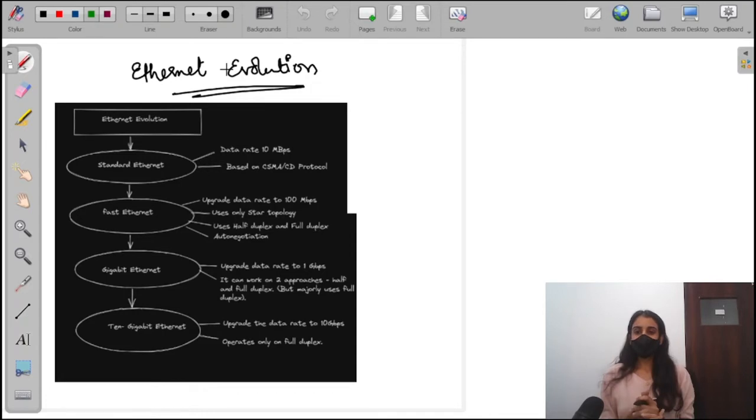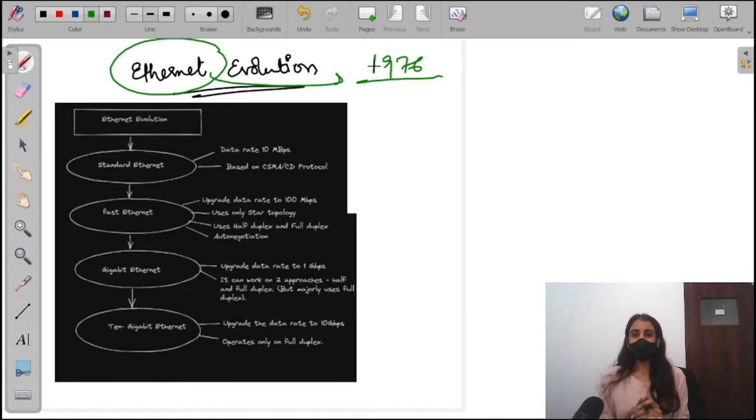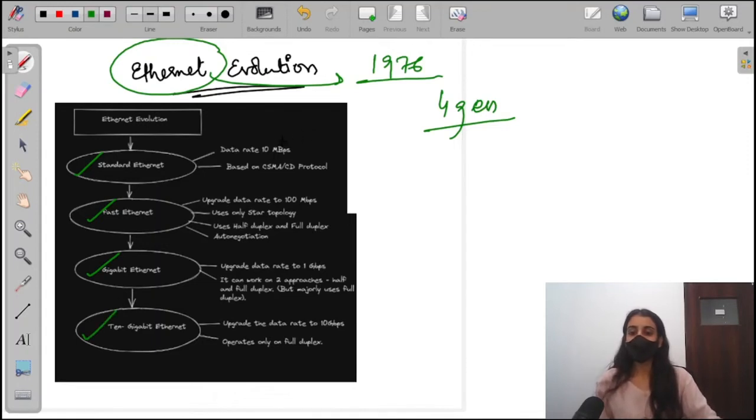So after studying the addressing part, let us move on to the history of Ethernet. Ethernet was created in 1976, and since then it has gone through 4 generations, which you can see here. First one is standard, then there is fast Ethernet, then gigabit Ethernet, and then 10 gigabit.